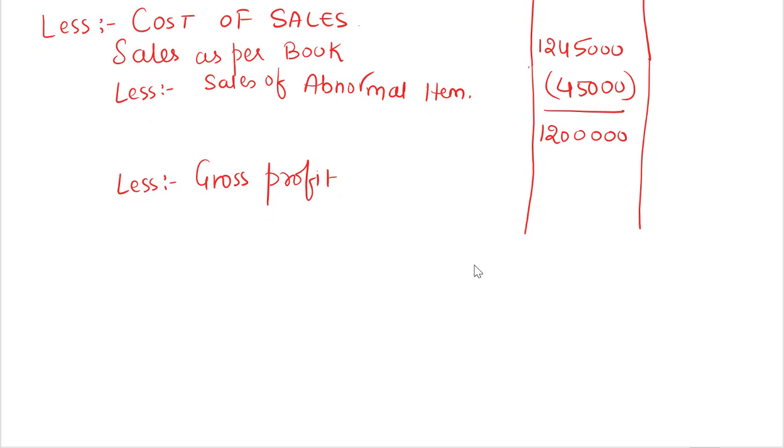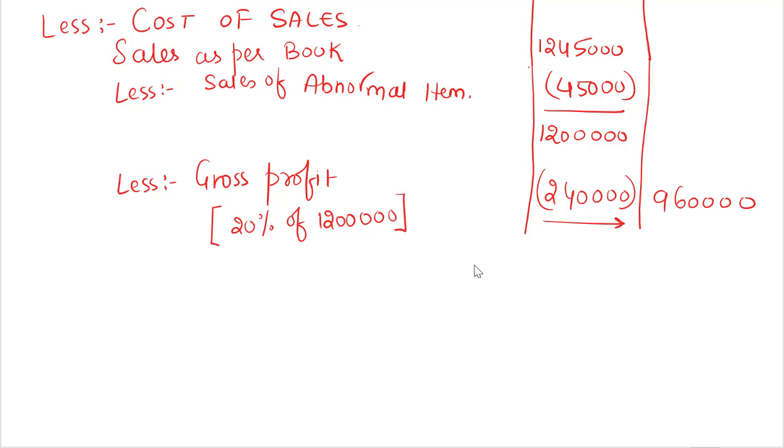So over here, the gross profit would be 20% on sales. So 20% of 12 lakhs, that is 2,40,000. This needs to be deducted. So 12 lakh minus 2,40,000, 9,60,000.